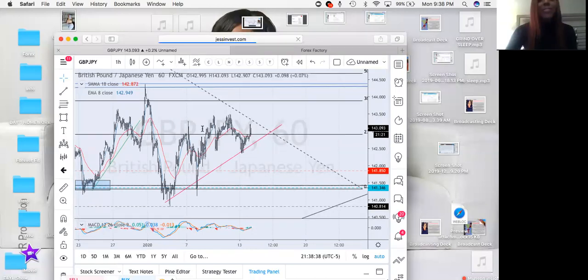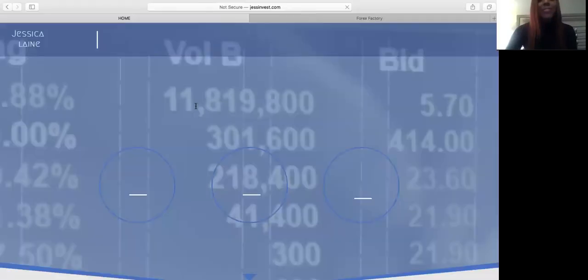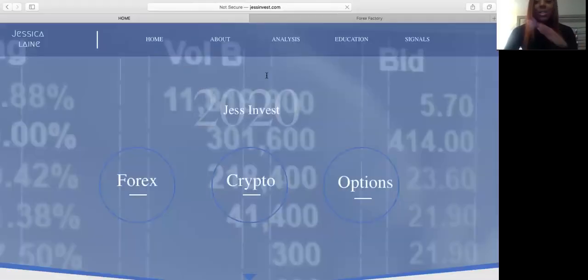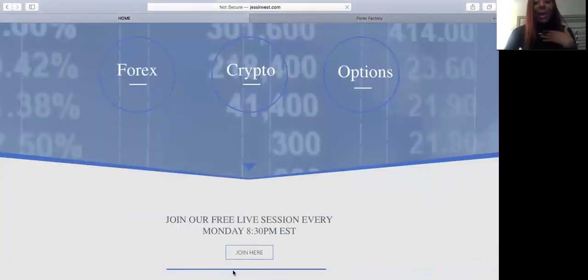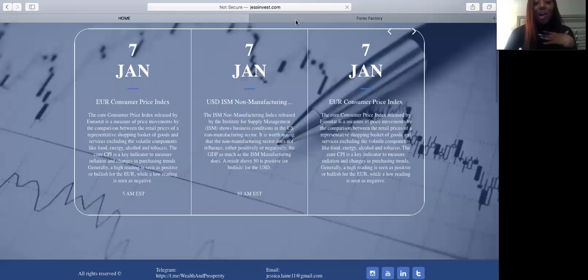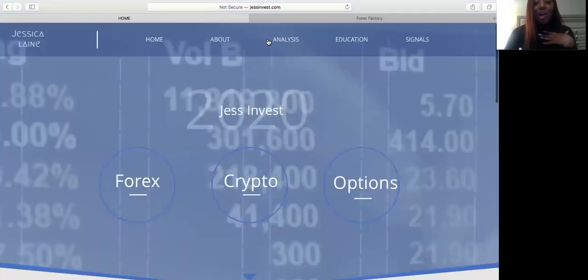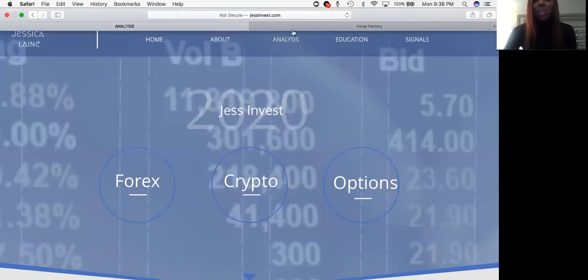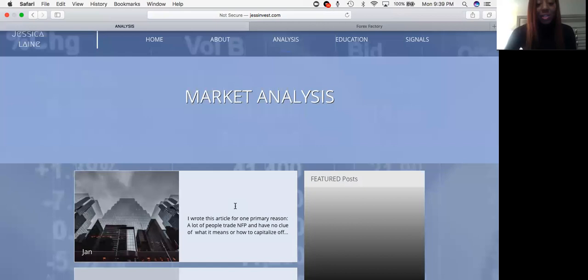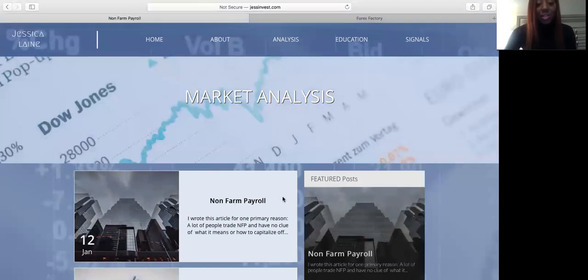I think I'm going to actually do that for a lot of the news events. I'm just going to break it down, because a lot of people, even when I first started trading, were like, oh my God, it's NFP this week. But people really don't know what NFP is. So I encourage everybody to just read this article.